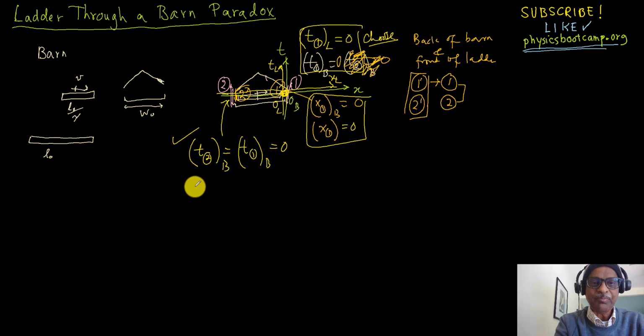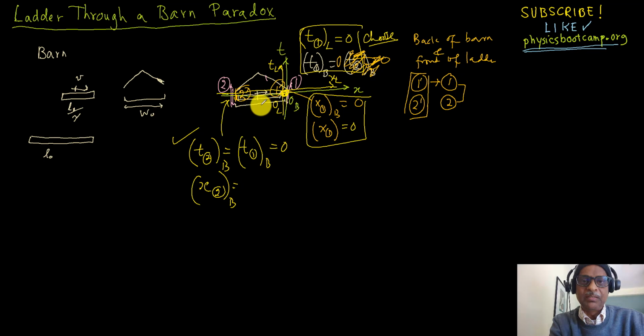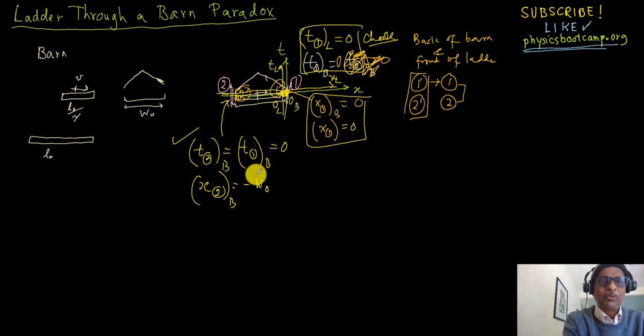So how about the x of this incident in the barn frame? If x equals 0 here, and this is the width of the barn, it's going to be minus W0. And we said W0 is equal to L0 over gamma.